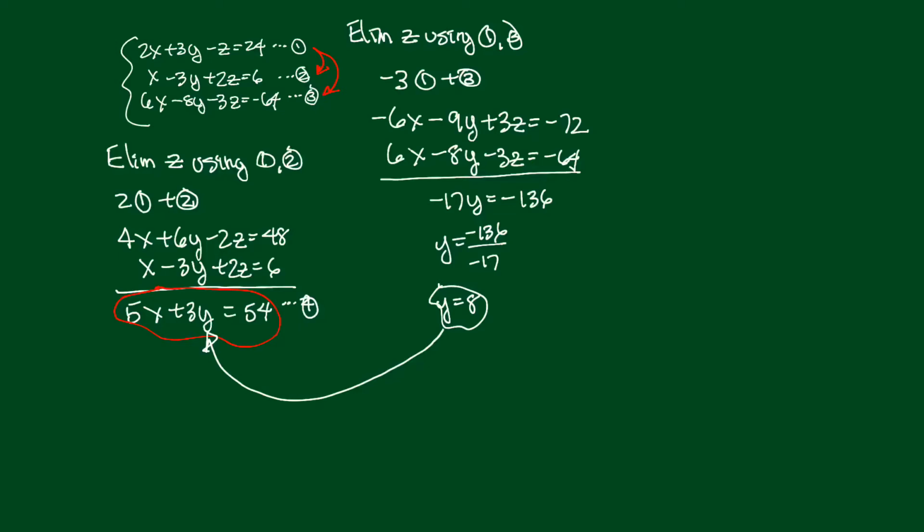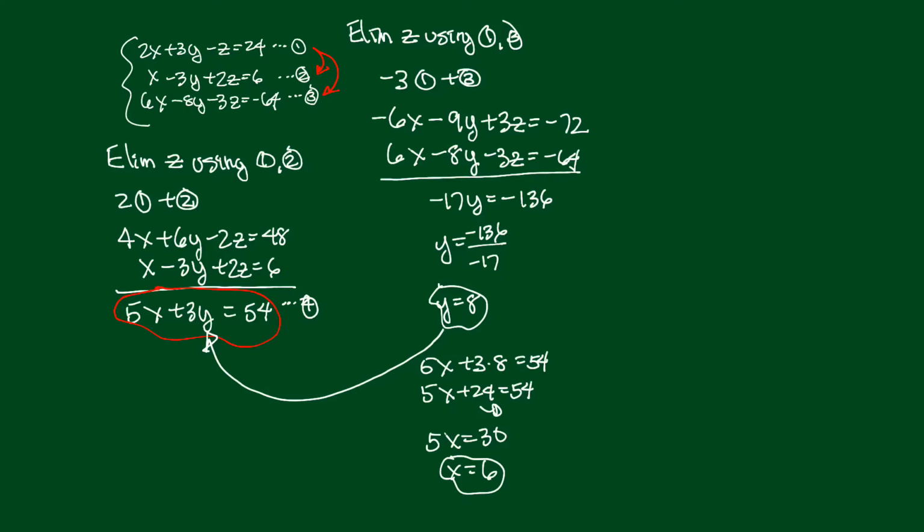So if we do that, we'll get this. 5x plus 3 times the 8, that's 54. So 5x plus 24 is 54. Subtract. We'll get 5x equal to 54 minus 24 is 30. Divide, x is 6.